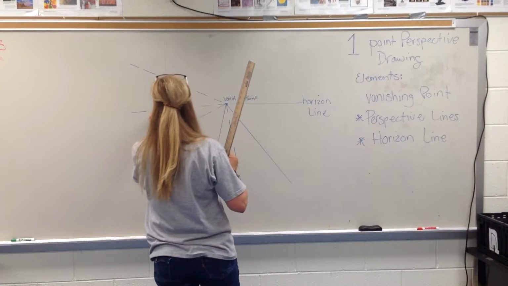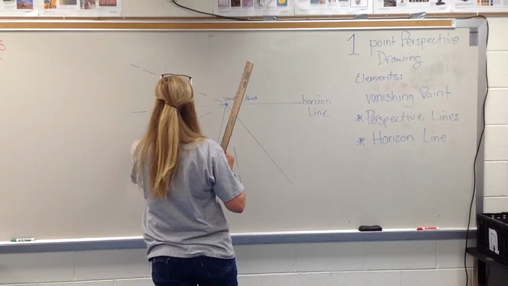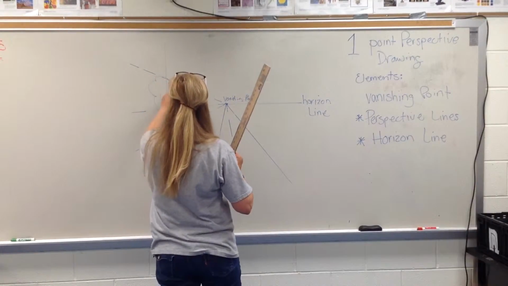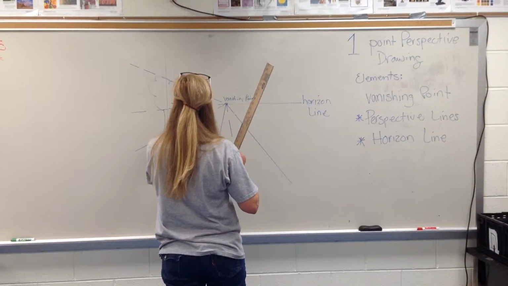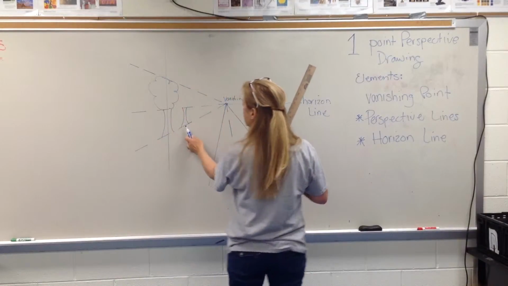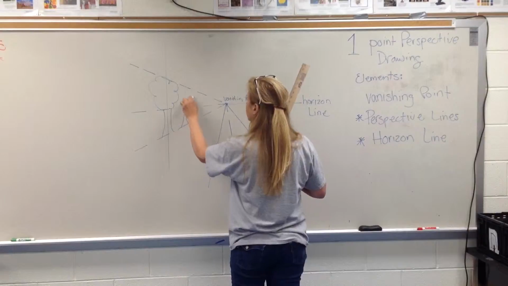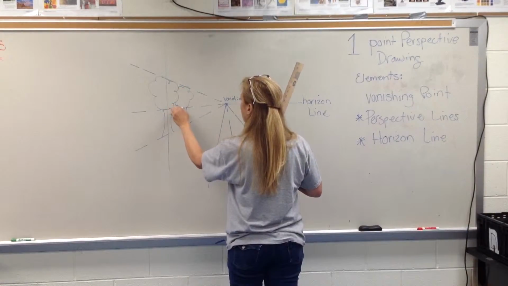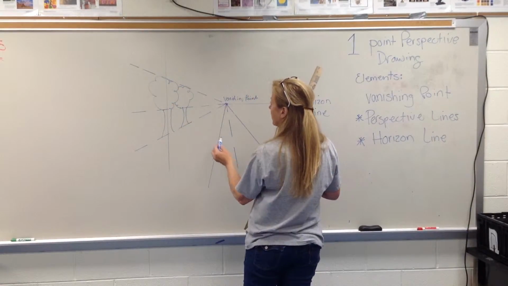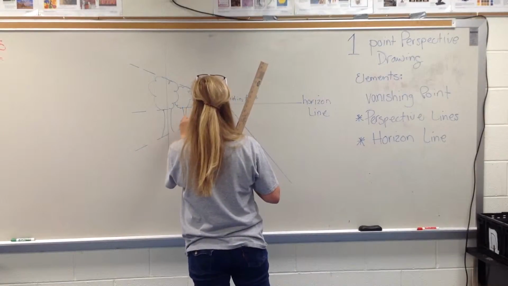So make sure that our trees do not fall over. Okay, you're going to make the trunk of the tree from the bottom perspective line to the middle perspective line, and then make the top of the tree from the middle to the top perspective line. And then you just keep doing this all the way down.